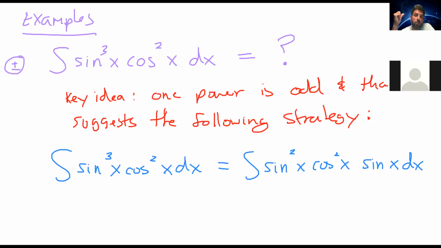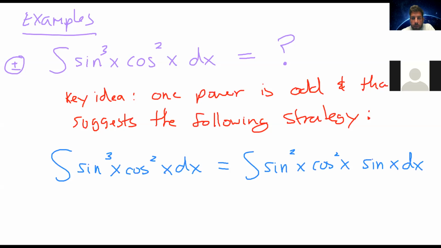Because I know that the derivative of sine is cosine, so it seems to me like a u sub might make this ugly thing go away. Now, it turns out that it will, but we have to set it up properly. So we have to put it in the correct form so that the substitution works. This is not always so obvious.